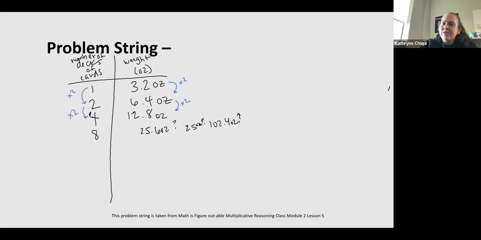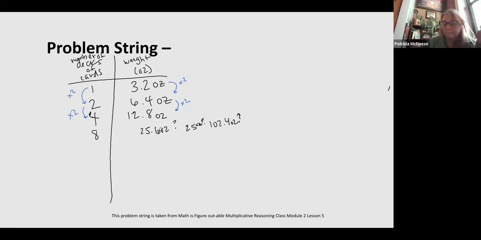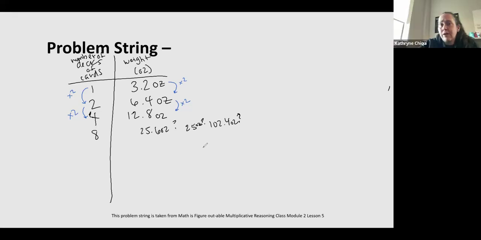Okay, why do you think you timesed the last number? Well, if you go 8 times 3.2, then you come up with the 25.6. So I used the wrong number to multiply with. Okay, so it was just a mistake. Right.